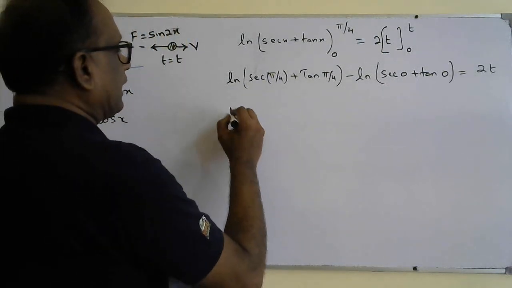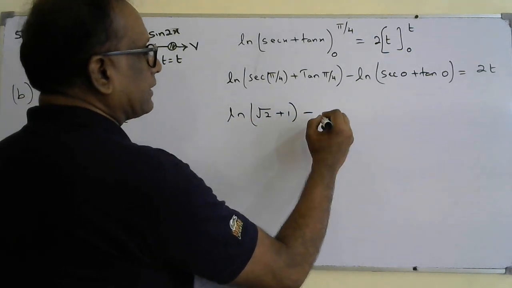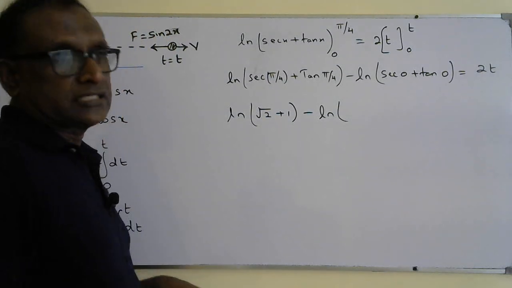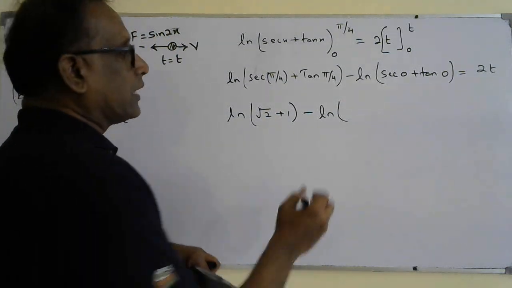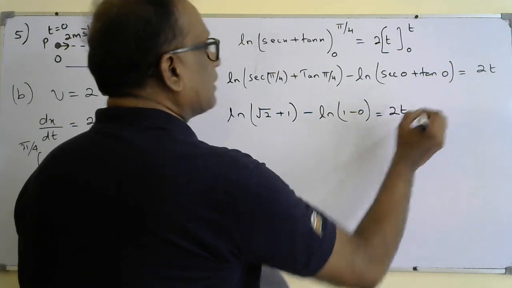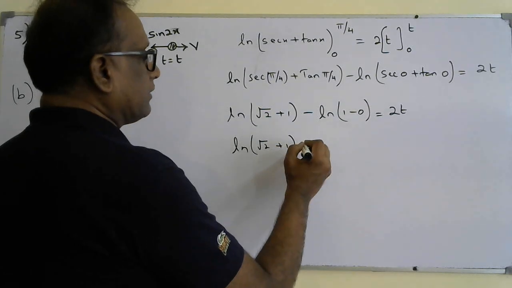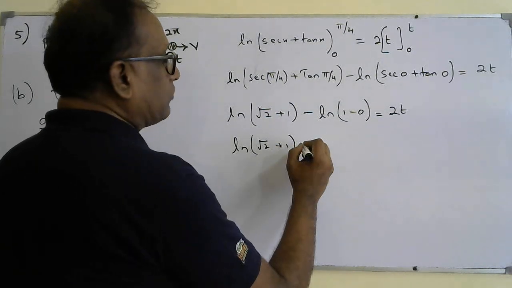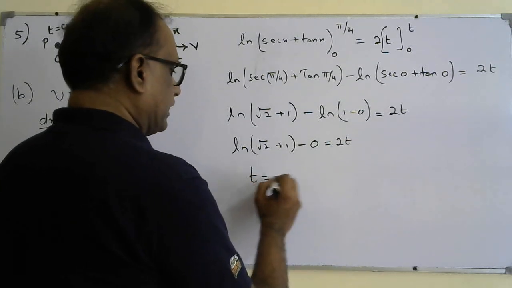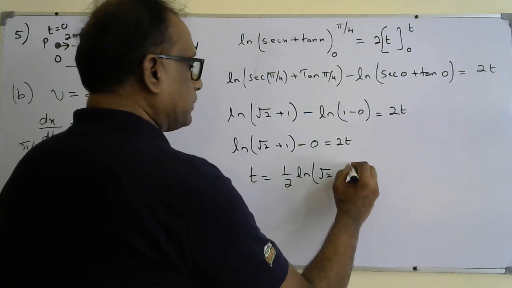So this is going to be ln of root 2 plus 1, minus ln of sec 0, that is 1 over cos 0. Cos 0 equals 1, so 1 over 1 is 1. So ln 1 minus tan 0 equals 0. So that is ln of root 2 plus 1 minus ln 1, and ln 1 equals 0, equal to 2t. So t is going to be half ln of root 2 plus 1.